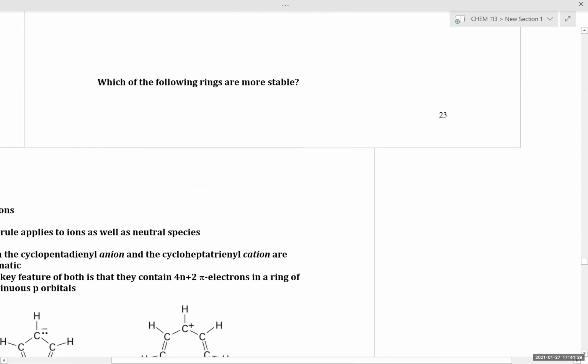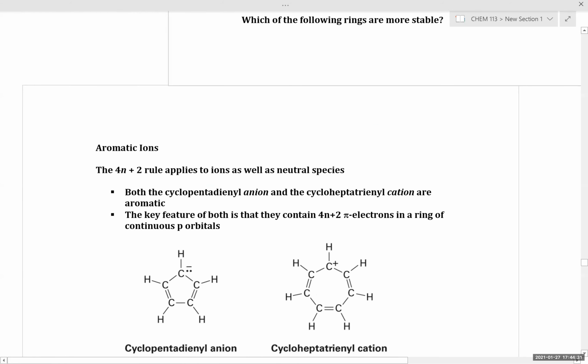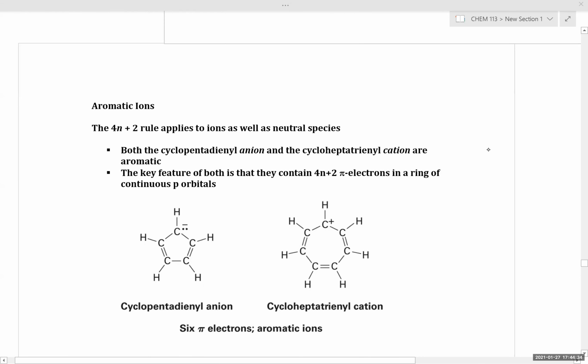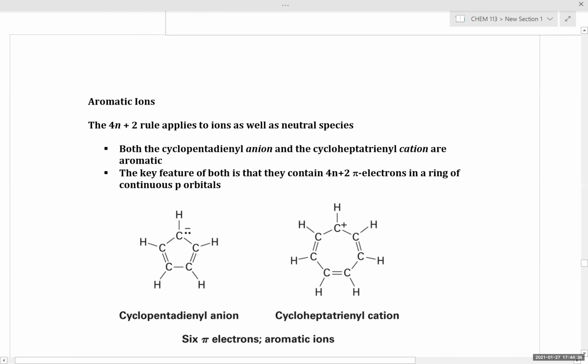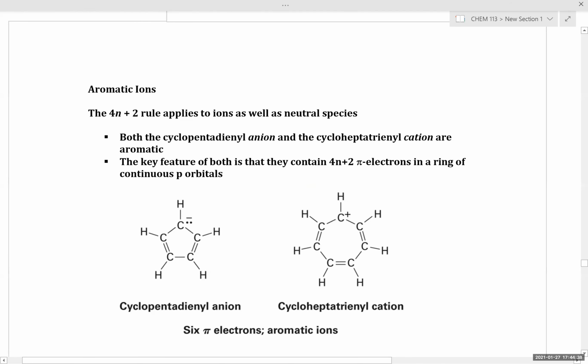Okay, so why is this important? Why does this matter? Well, we often encounter aromatic systems in the form of aromatic ions. What's so special about aromatic ions? Our 4n+2 rule for aromaticity applies to ions just as easily as it applies to neutral species. So both the cyclopentadienyl anion and the cycloheptatrienyl cation are aromatic.